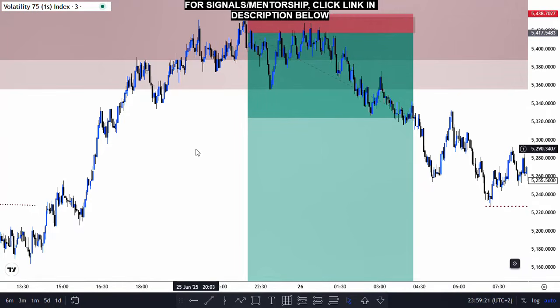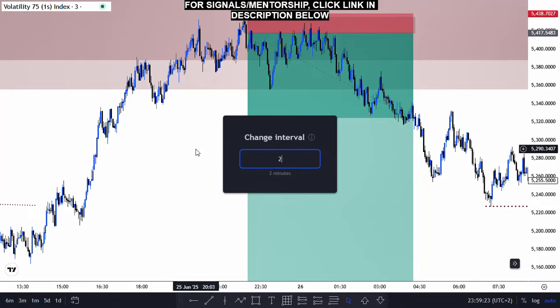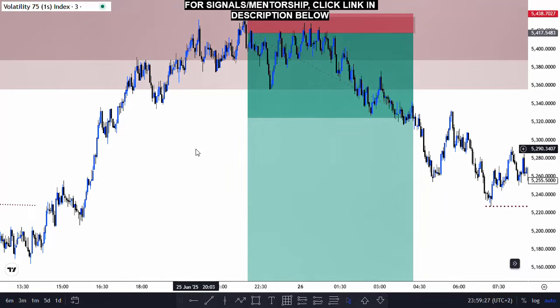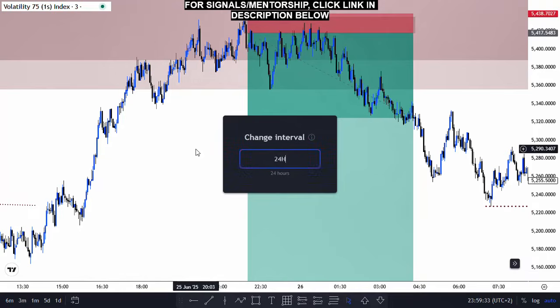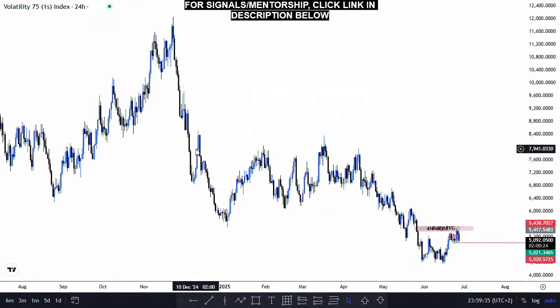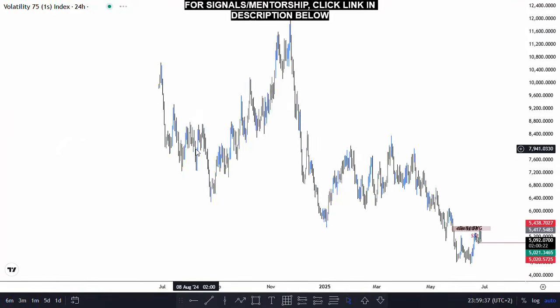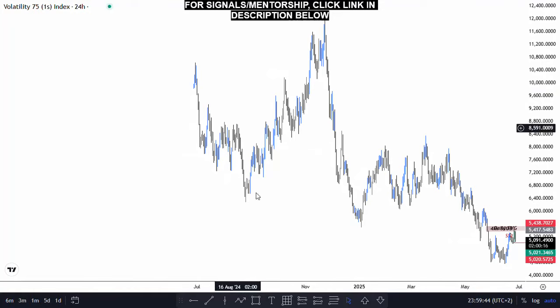What I want to show you is a simple breakdown of how we analyze these charts. The reason the signal group prioritizes the synthetic indices is because this is a trending market.